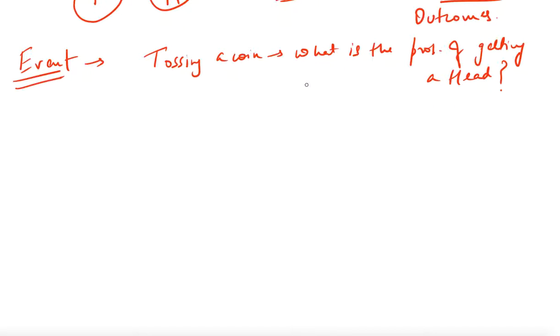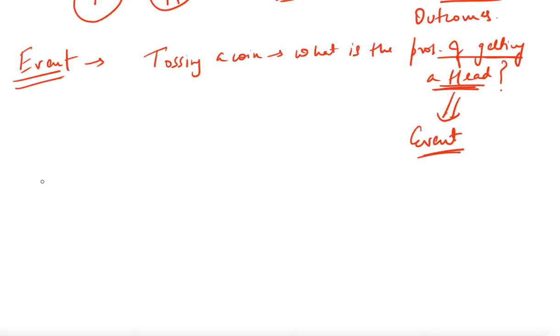This is my target: I am conducting this experiment and I want to calculate the probability of getting a head. So getting a head is my event. I know that the possible outcomes are head and tail, but the event I am concerned about is getting a head. So this will be considered an event.